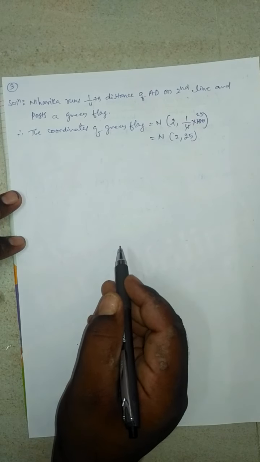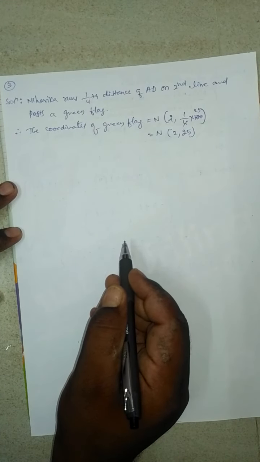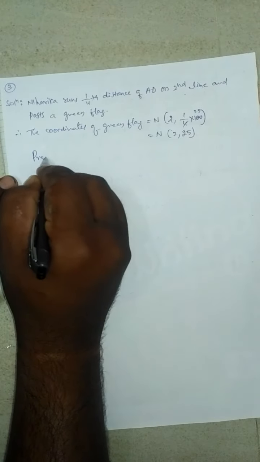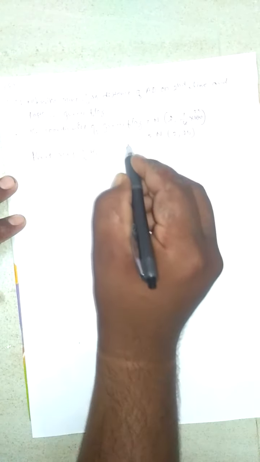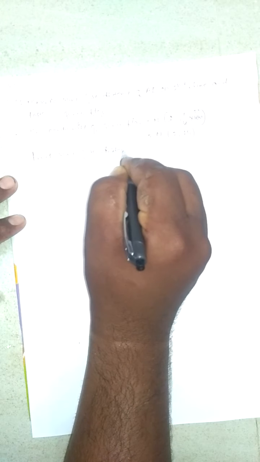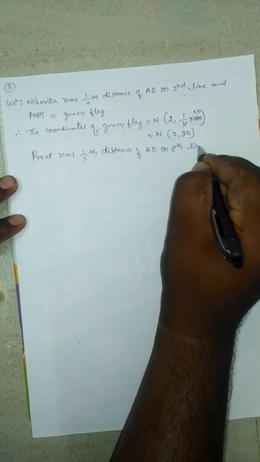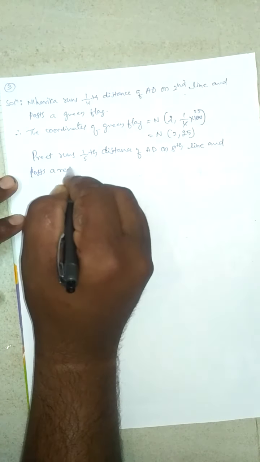Now in the same way, we have to identify coordinate of Preet where he is going to post red flag. So here we have to write Preet runs 1/5 distance of AD on 8th line and posts a red flag.